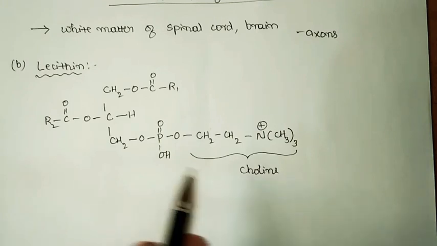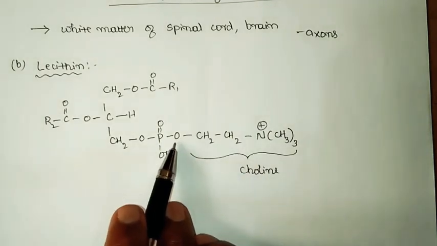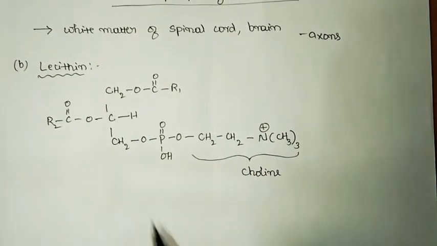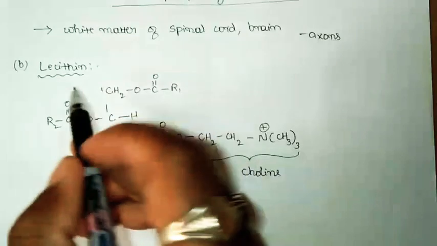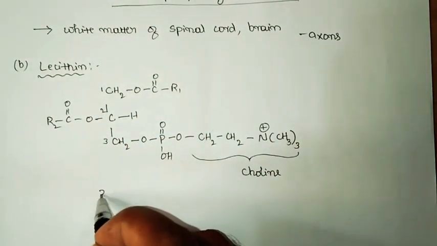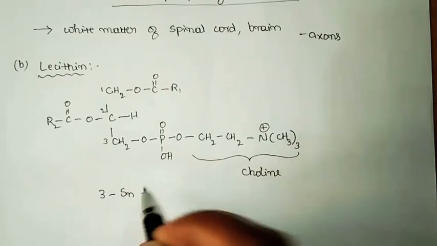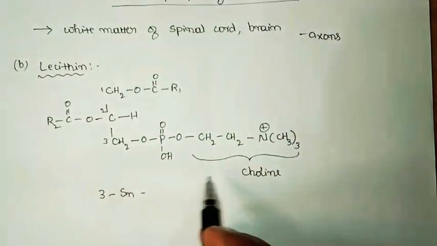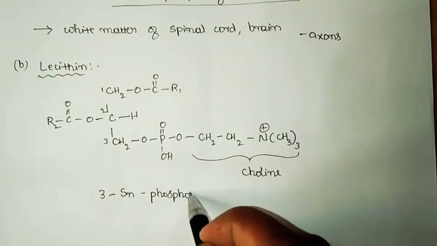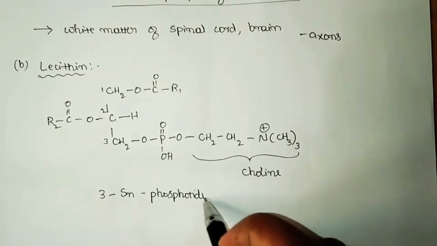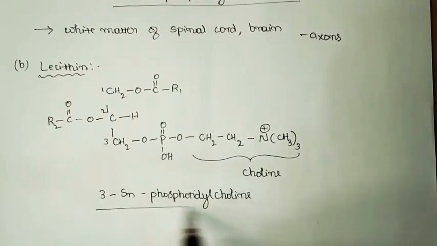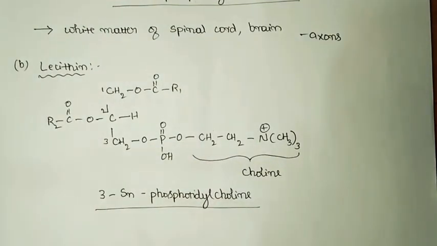And since the hydrogen of the phosphate group is replaced with choline, the complete name of lecithin is, with 1, 2, 3, the third position being the stereospecific number, and it is a derivative of phosphatidic acid, so it is phosphatidyl choline, the full name of lecithin.